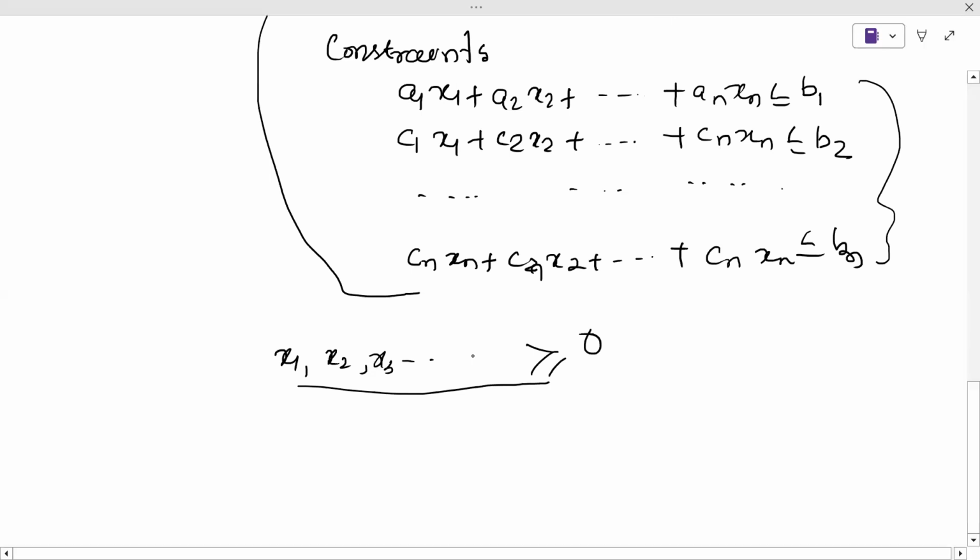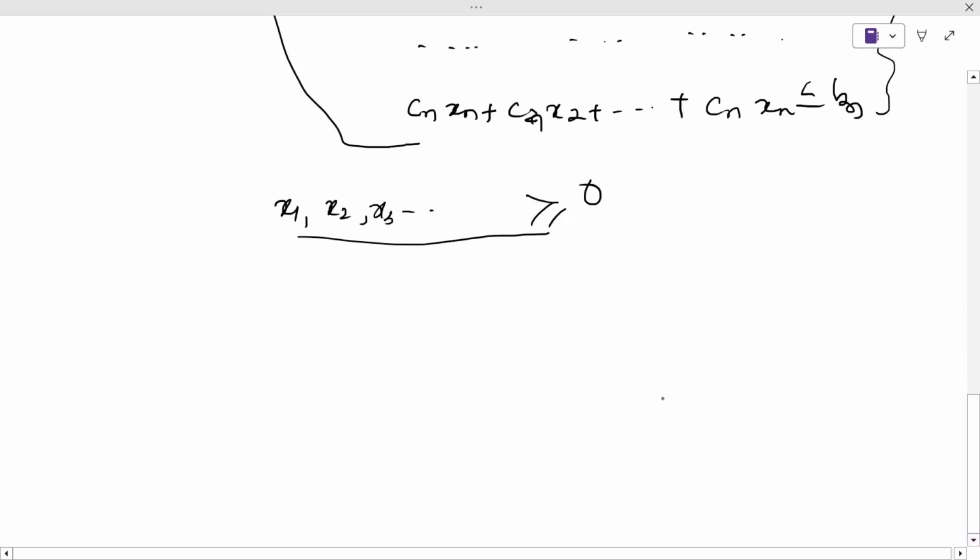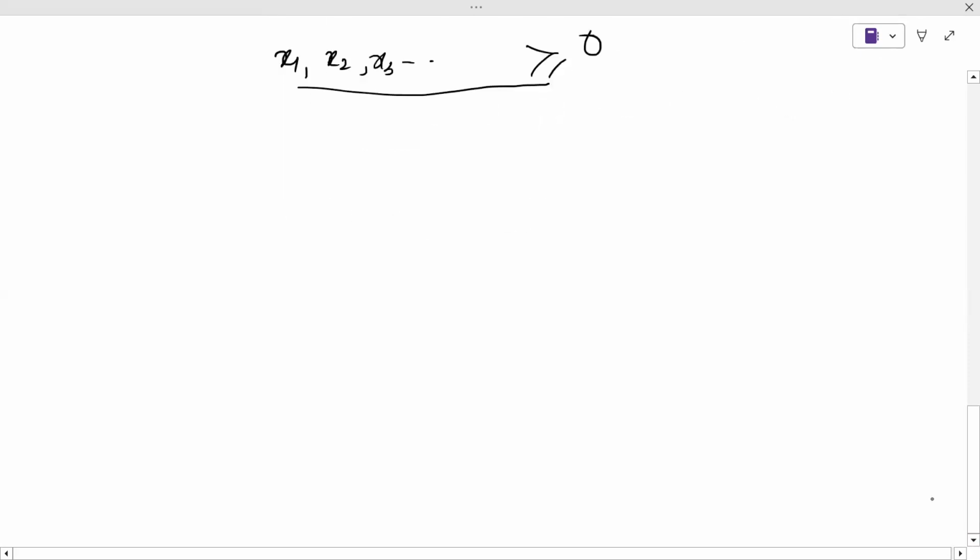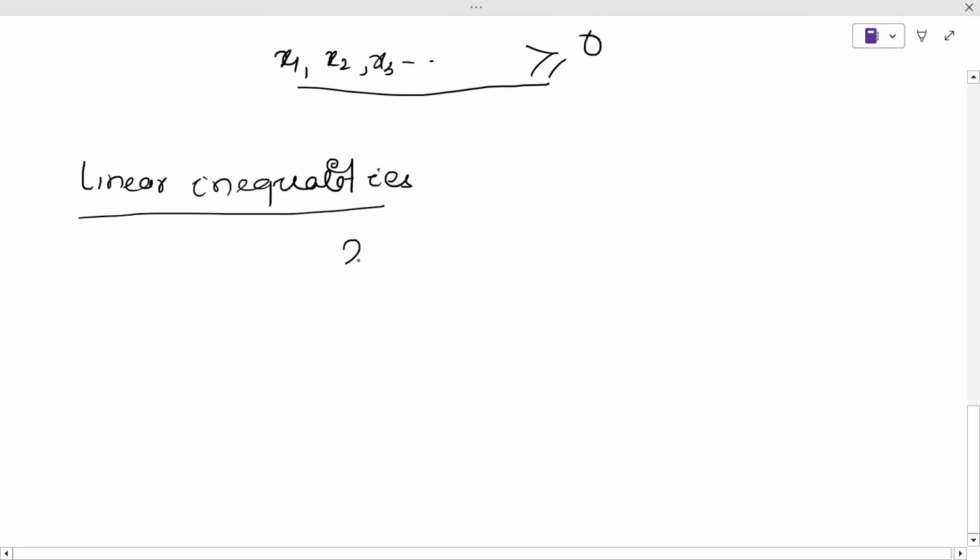For inequalities, we know there is less than or equal to or greater than. What is the type of inequality? We have already studied in class 9 or class 10 the inequality conditions. Suppose 2x1 plus 3x2 plus x3 less than or equal to 5.